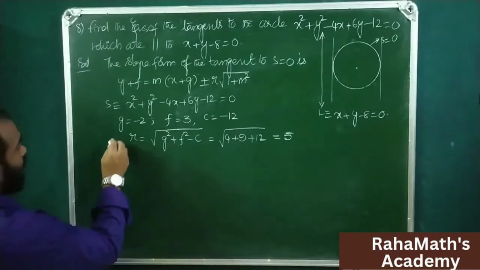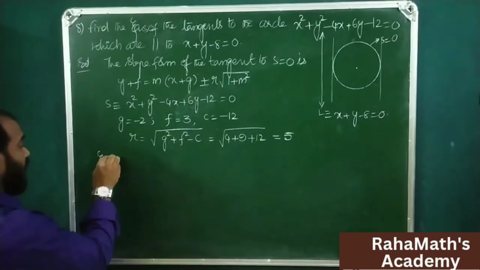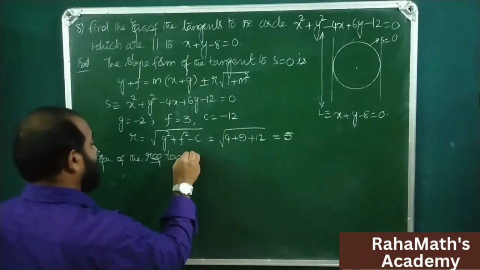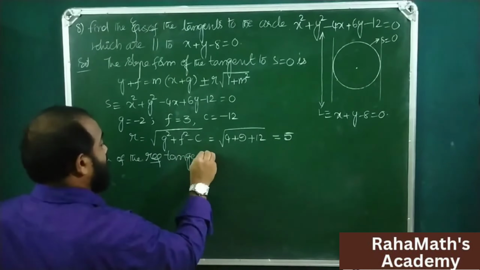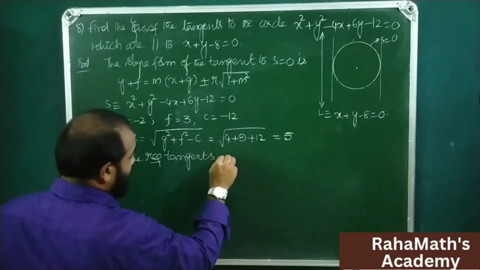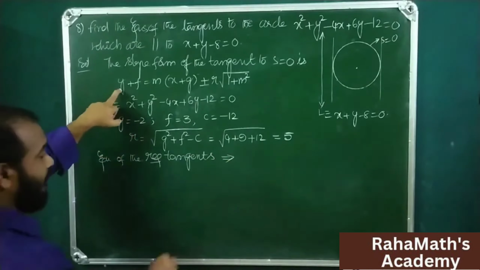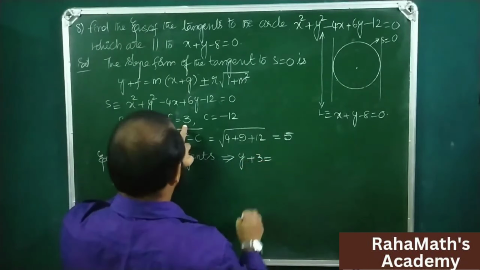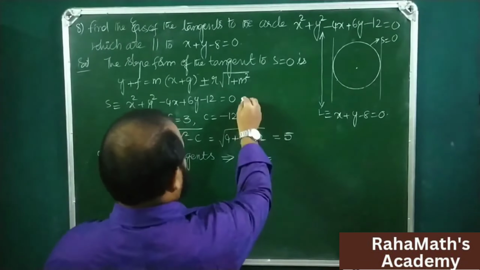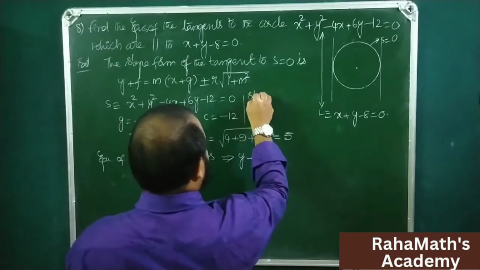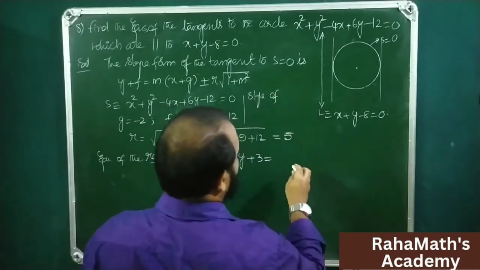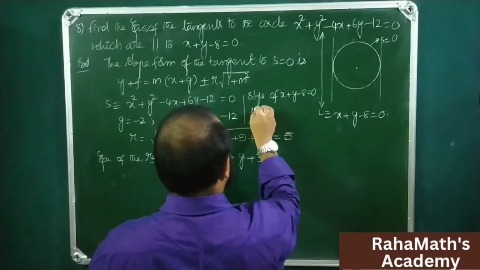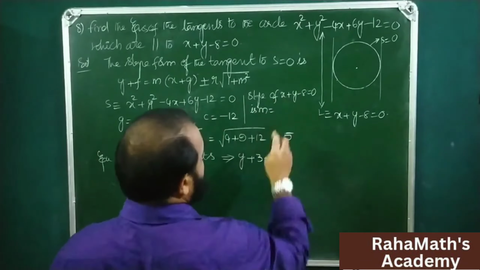And so the equation of the required tangents is y + f, that is y + 3, equals m(x + g)... Here the slope of x + y − 8 = 0 is m = −a/b.